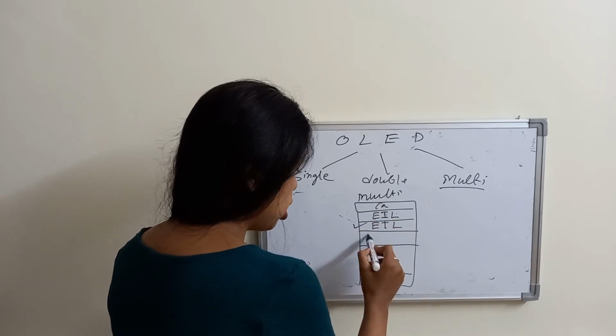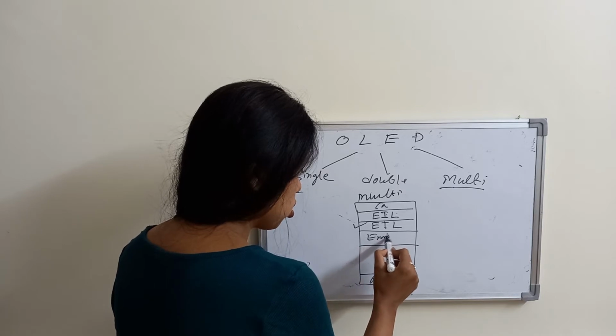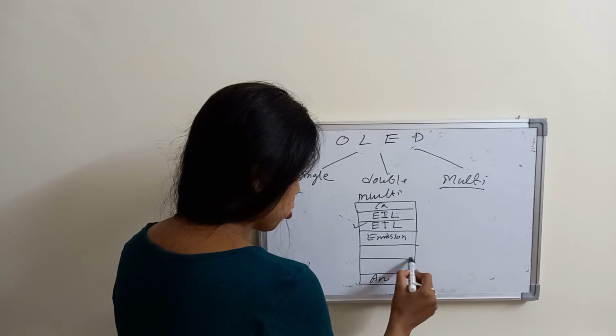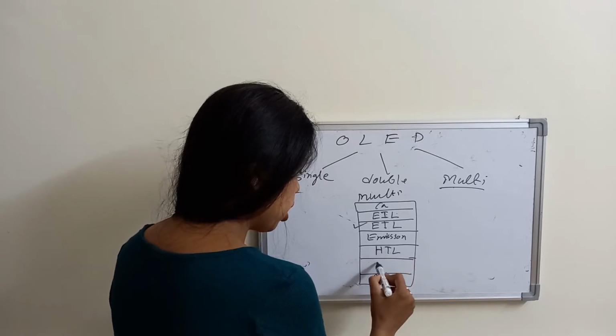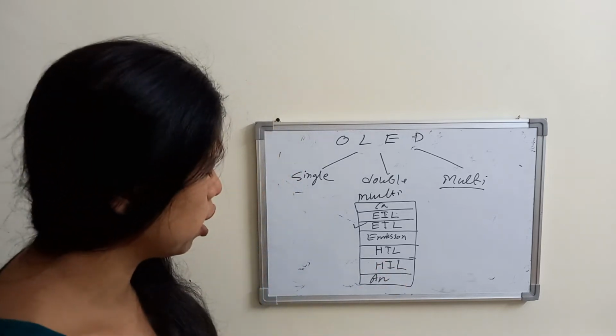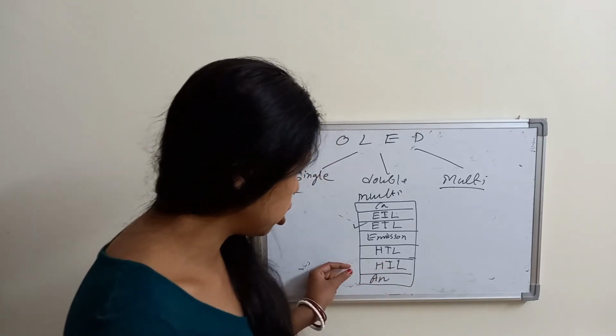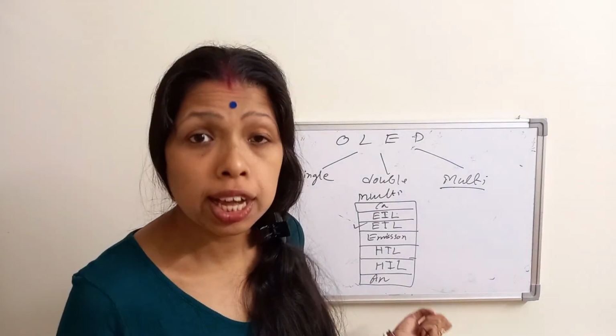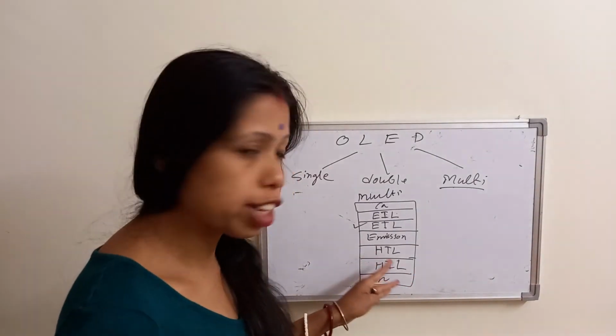The middle one is the emission layer, with the hole transport layer and hole injection layer. By name you can think about it: the hole injection layer is one kind of layer which can inject holes from the anode and transfer them to the hole transport layer.